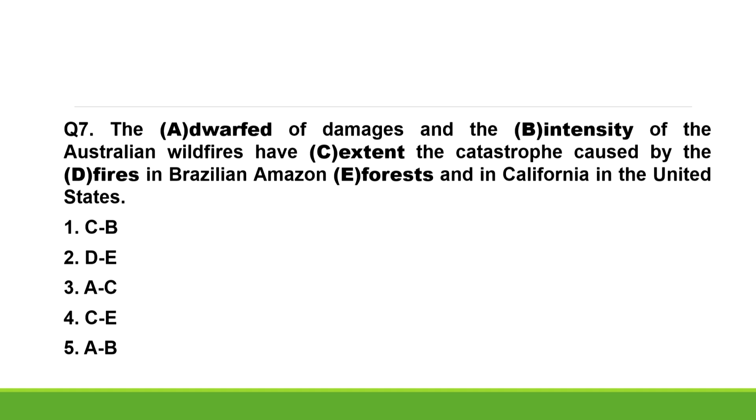So, let us first look into the meanings of the first 3 highlighted words. So, first one is dwarf, meaning caused to seem small or insignificant in comparison. Next is intensity, the quality of being intense. Next is extent, that is the area covered by something.